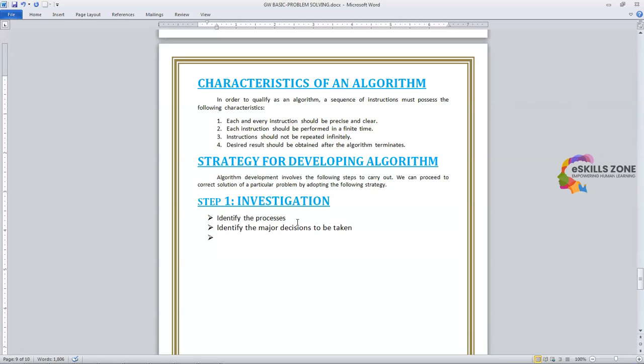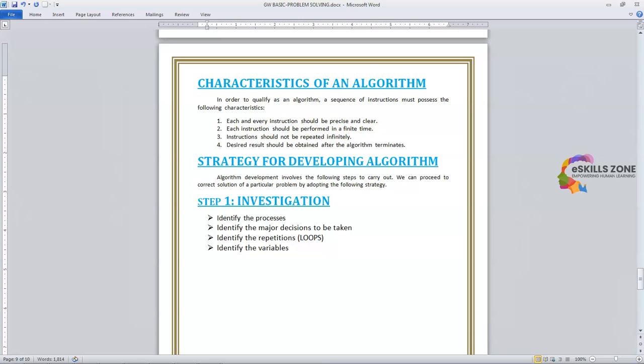Number three is identify the repetitions. You can call them loops in technical terms. Last one is identify the variables.